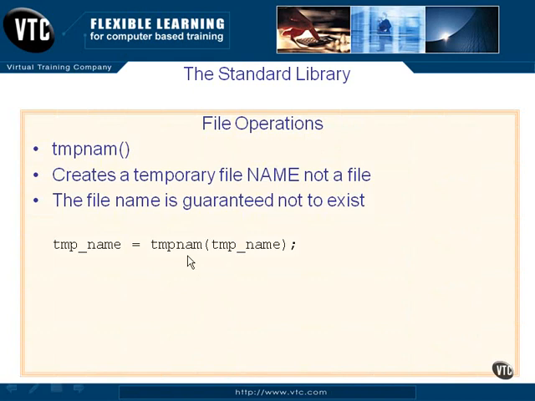You pass tmpnam a string pointer to a buffer that is at least long enough to hold the string name, and there is another constant in there called L_tmpnam. So tmpnam has to point to a buffer of that size to be able to carry the file name. Now, if you don't pass the pointer to it, it will return a pointer back of a buffer containing that name.